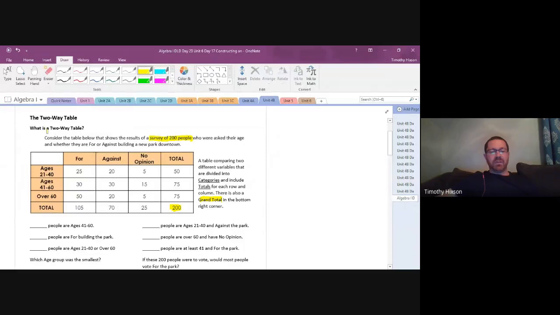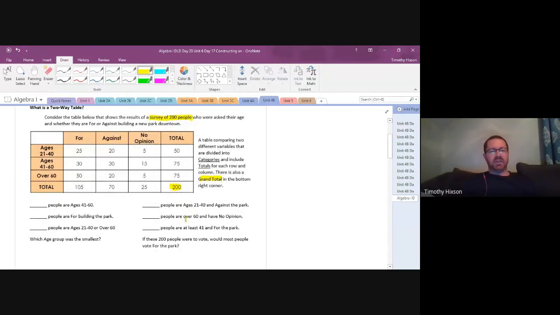Okay, so let's just real quickly make sure we understand what this table is telling us. First of all, let's figure out some of the values in here. How many people are ages 41 to 60? Here we don't care about their opinion, all we care about is their age. So we look at this row, and there are 75 total people ages 41 to 60.